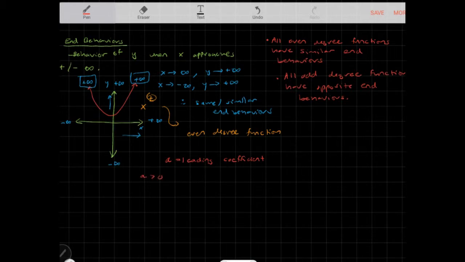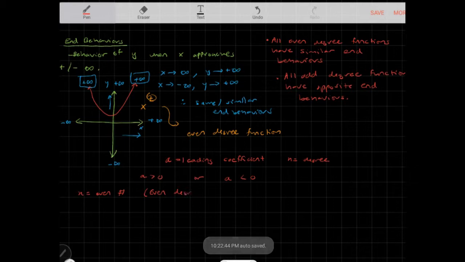A can be positive or A can be negative. Now if you tie this in with n, the degree, there are going to be specific characteristics that you want to look at. Now if n is equal to an even number, and n is basically the degree of the function, then this is an even degree polynomial function.